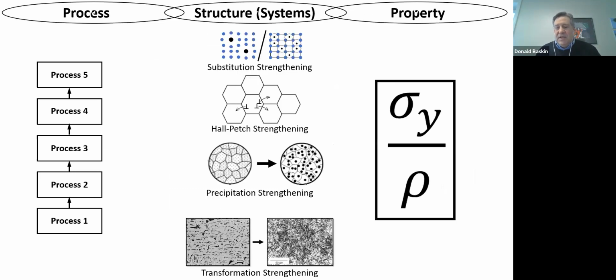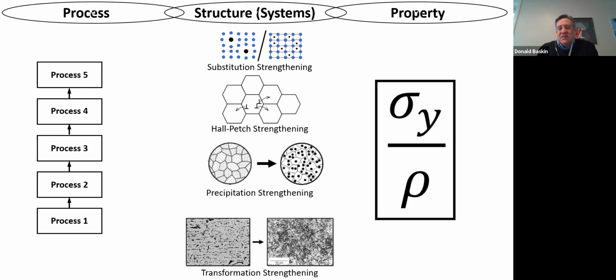So we're focusing, of course, on strength to density ratio. And now that I've shown you about 4 or 5 or 6 different strengthening mechanisms, these different subsystems, these different tools that material scientists can put in place to strengthen a material, we can now plug those into this processing structure property paradigm.